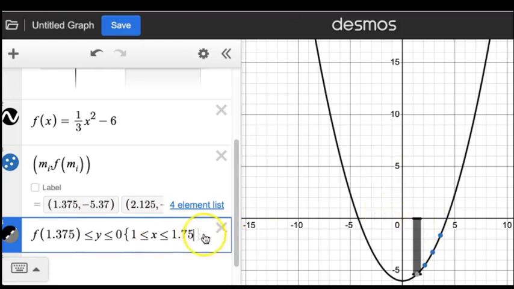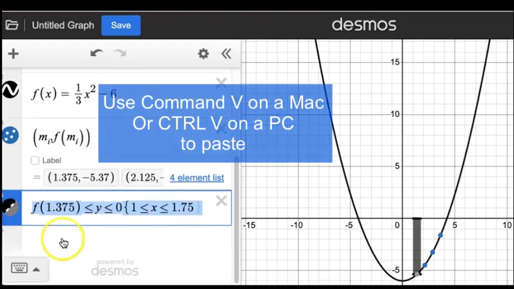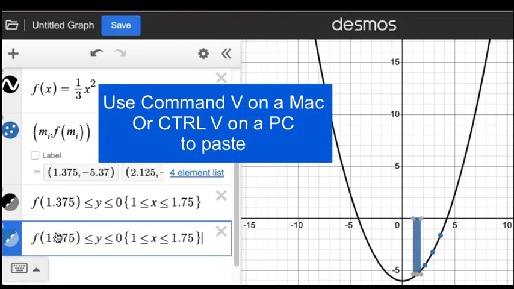Let's go ahead and copy that so I don't have to retype it again. It's funny, the mouse likes to work from right to left. It won't work as well from left to right. Interesting. All right, so let's hit Command C if you're on a Mac to copy it, or Control C if you're on a PC, and then paste.